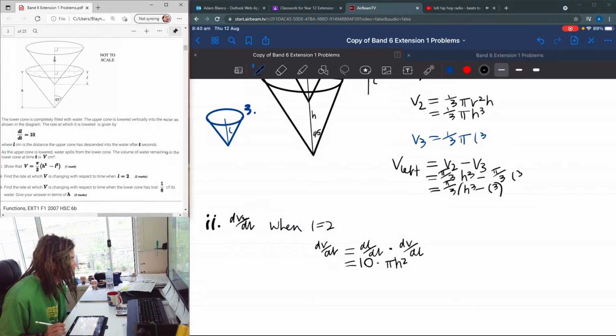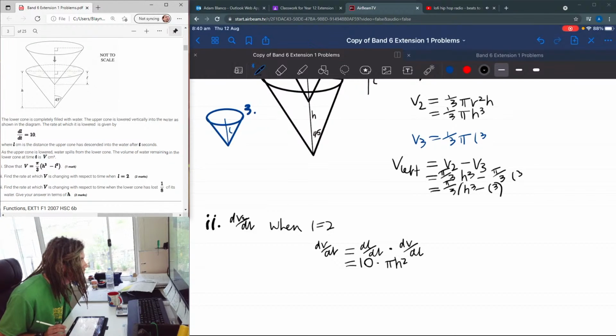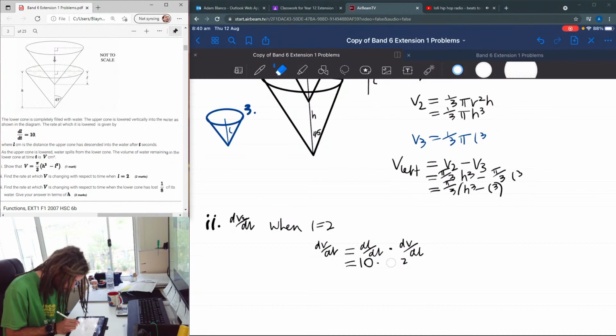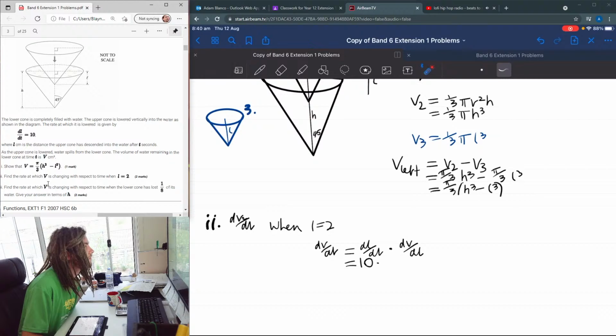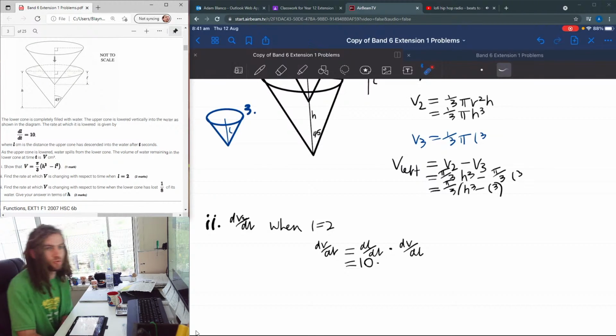Oh, I got an L in mine. dV dL. No, it's not that, it's this. Oh my god. Find the rate at which V is changing with respect to time. What's V? The volume remaining in the lower cone. Oh, that's this. That's the thing I started with. Sorry, the one I just had to prove.